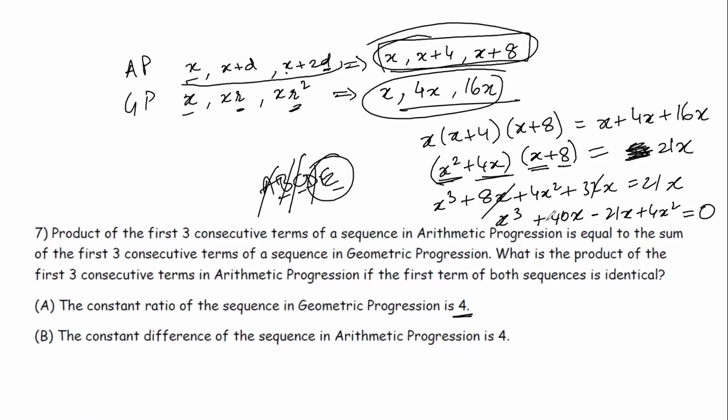So we can simplify this further. x cube plus 19x plus 4x square is equal to 0. Hang on a minute, guys. I'm just checking my calculation.